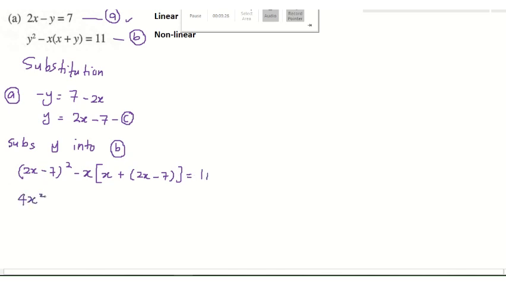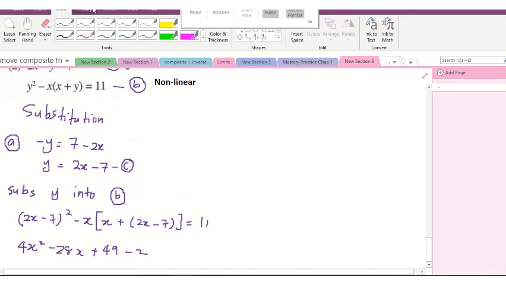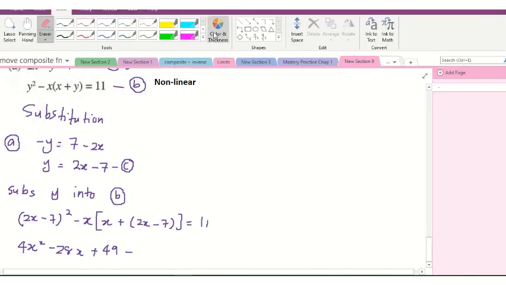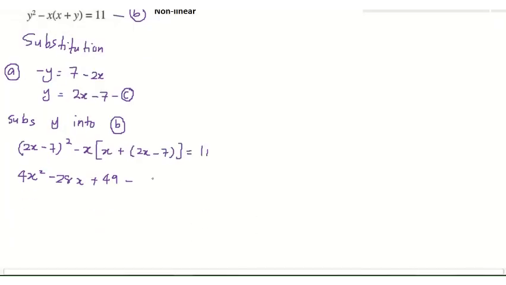Expand this one: 4x squared minus 28x plus 49, minus x bracket 3x minus 7, equal to 11.